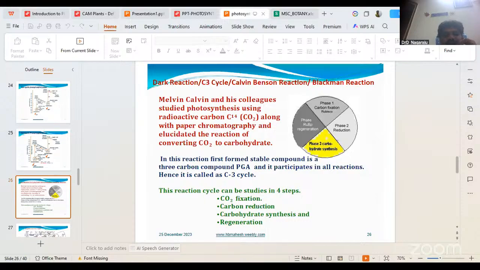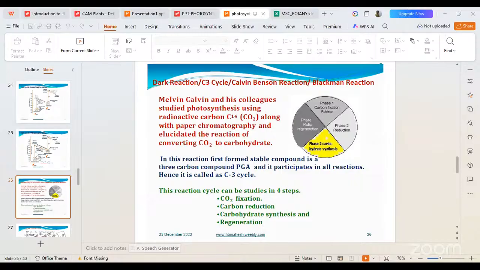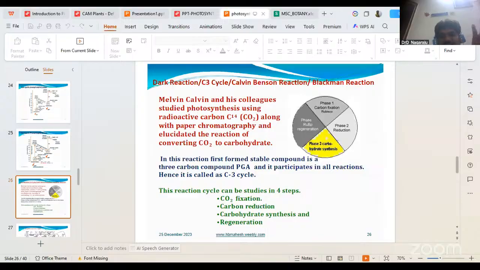So from here we get two ribulose 5 phosphate. Again, what do you observe? RuBP is formed again. What is the byproduct here?